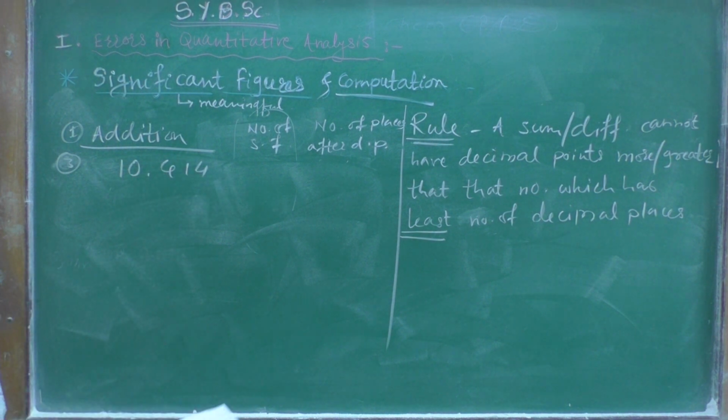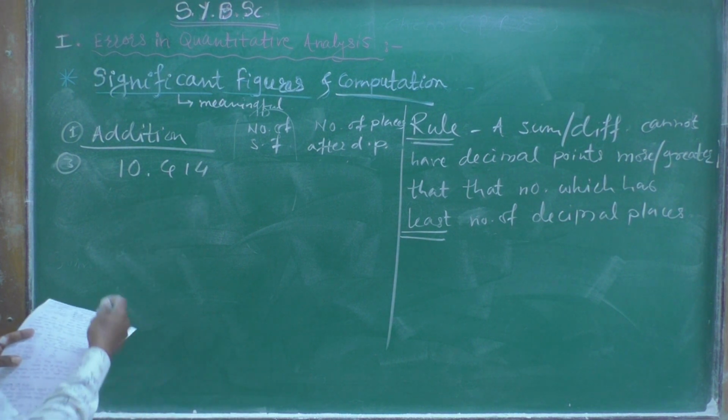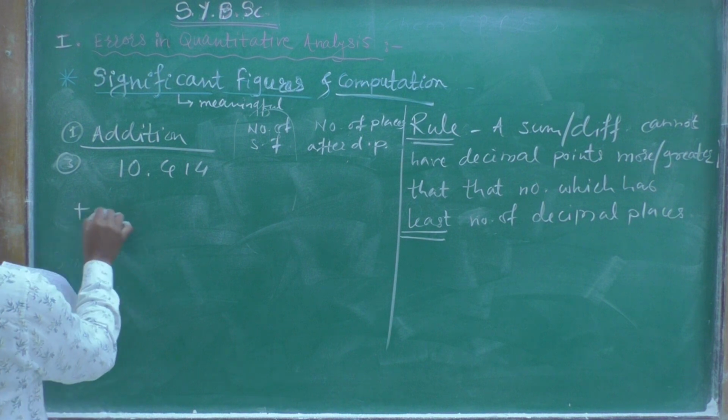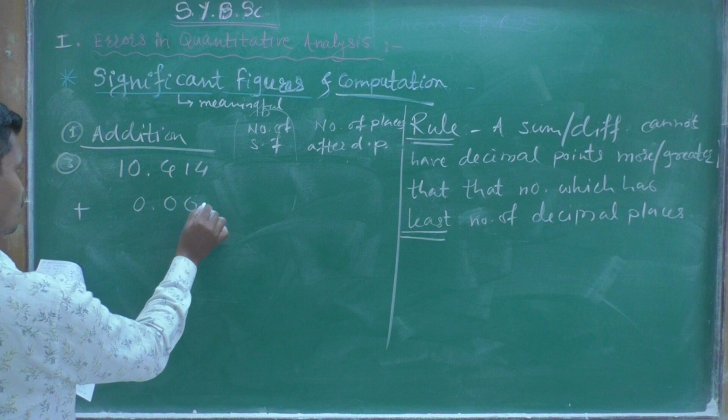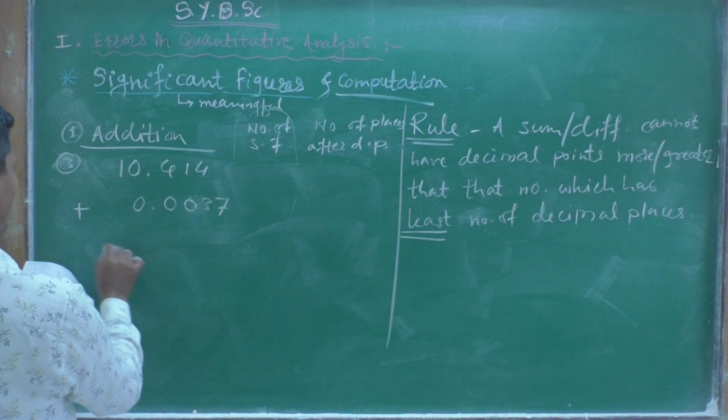After viewing this video, you can take any numbers and try to get the answer using these rules, for your practice. 10.414 plus 0.0037 plus 9.02.